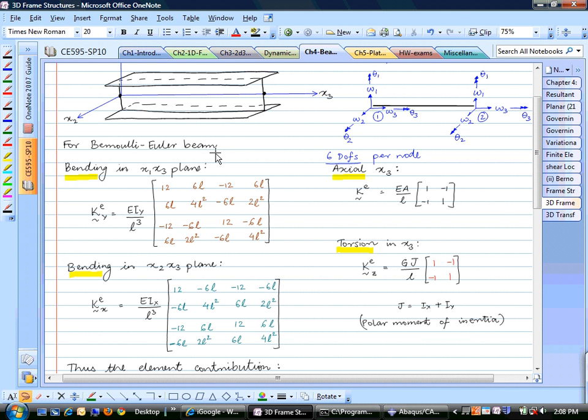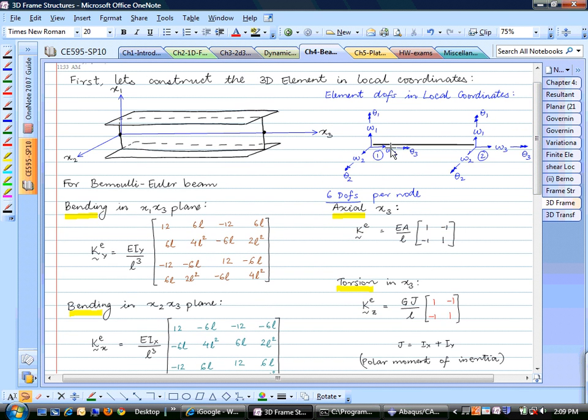Instead of Bernoulli-Euler beam theory, if you were using Timoshenko beam theory, then all those terms would be different. But you can still assemble them. You can treat the bending in these two planes differently, as in decoupled. And then all that you need to do is to place these values in the 12 cross 12 stiffness matrix.